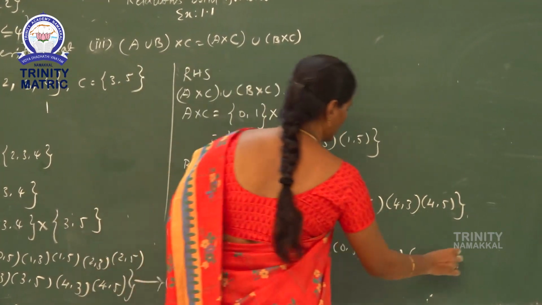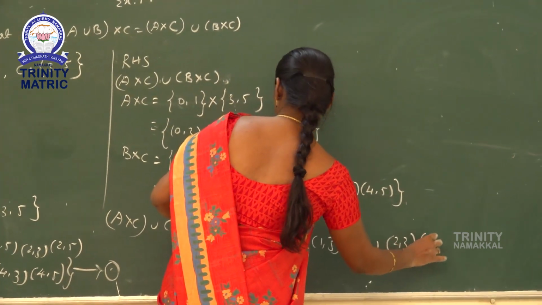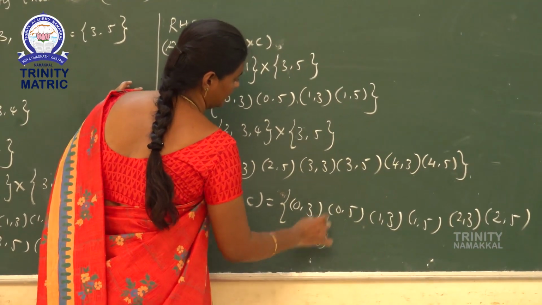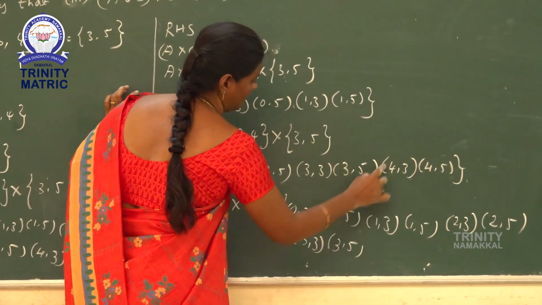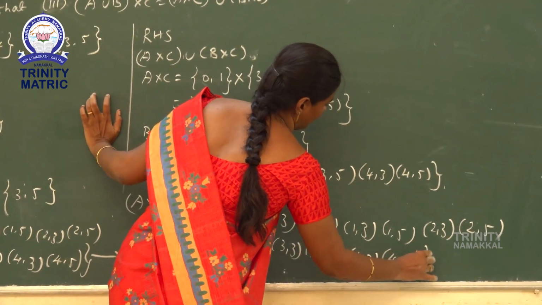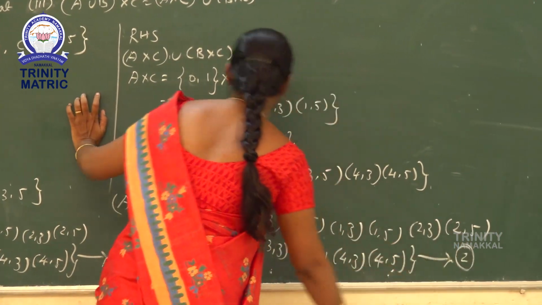Here we write (2,3), then (2,5), then (3,3), (3,5), (4,3) and (4,5). This is equation number 2.